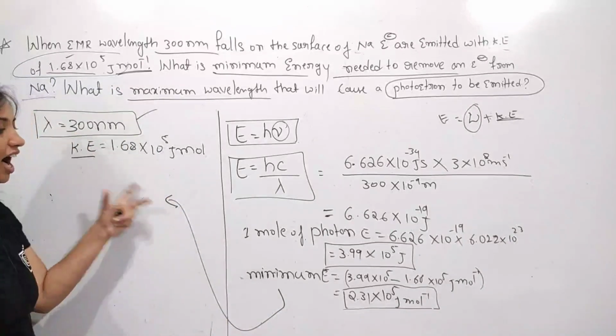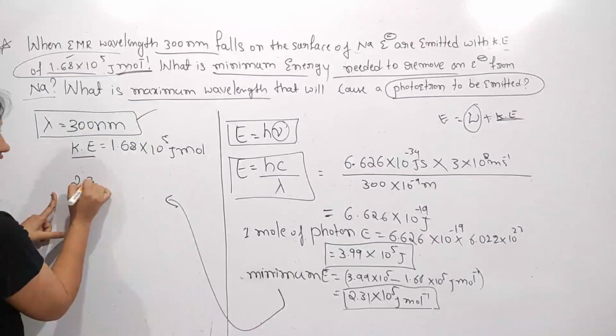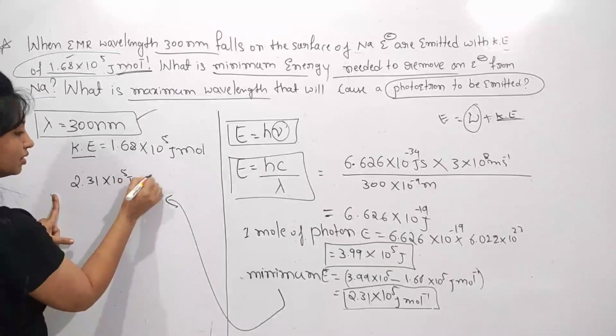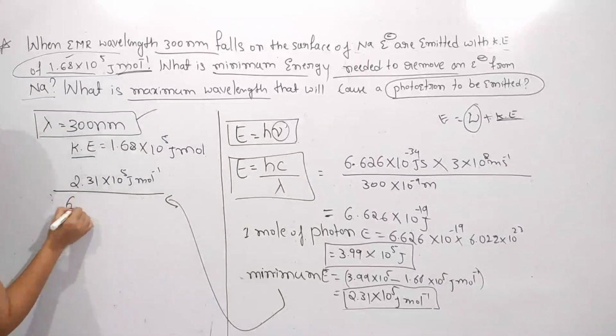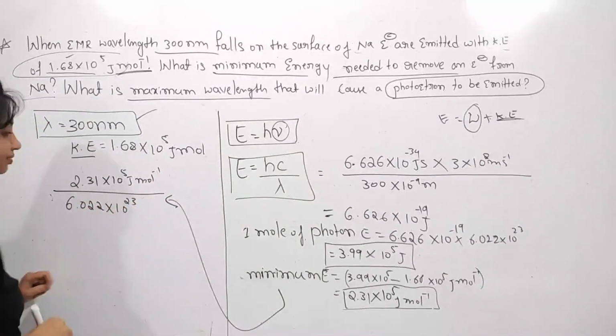See here, I wish to divide 2.31 × 10^5 joule per mole by the Avogadro number, 6.022 × 10^23.